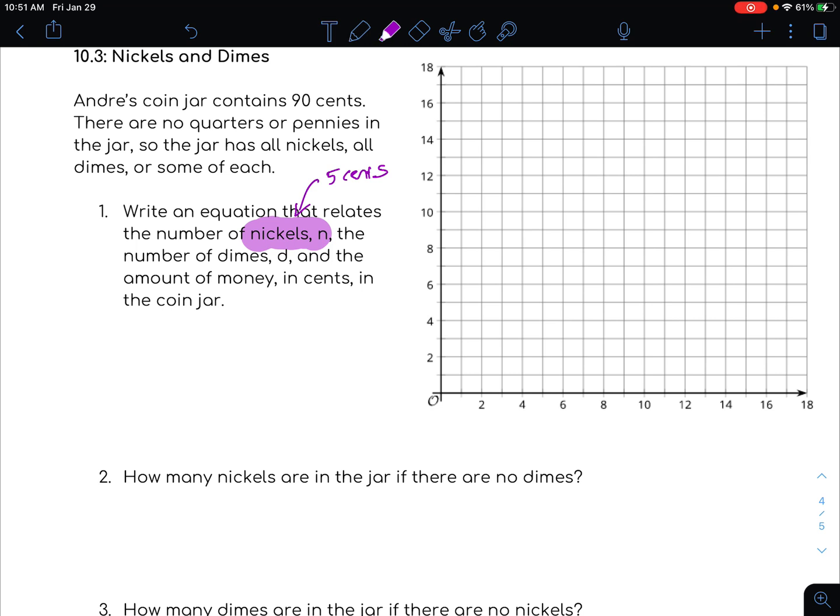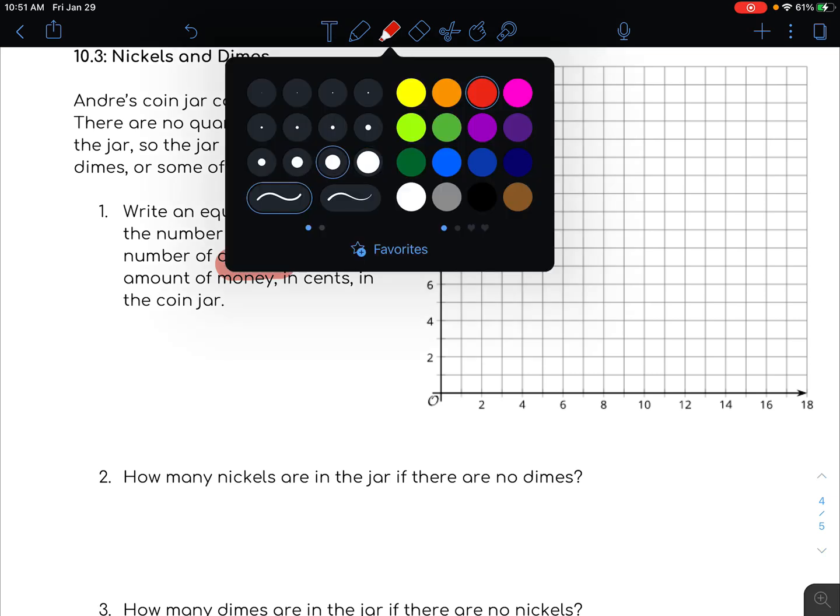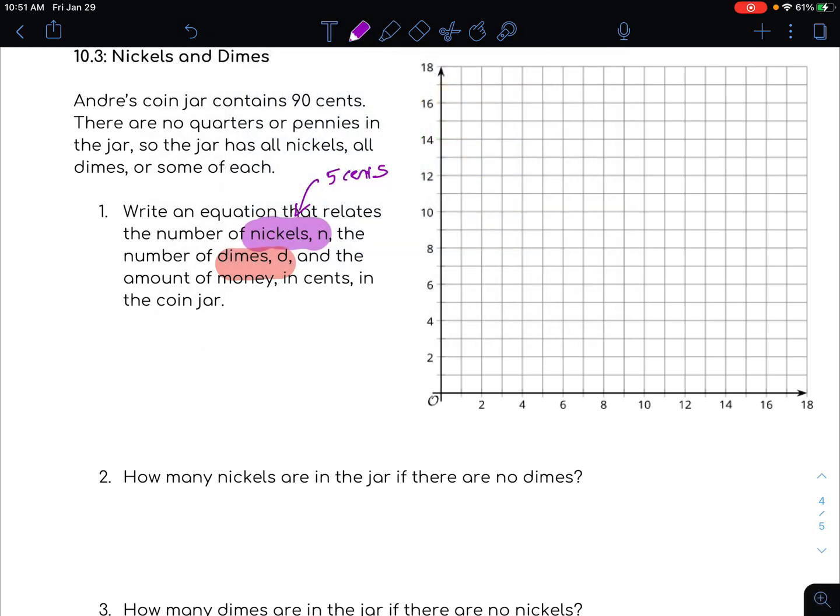And then we also have dimes, D, and dimes we know are 10 cents. And we know that Andre has a total of 90 cents.